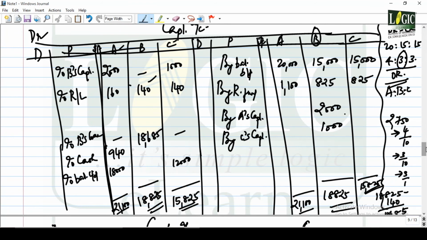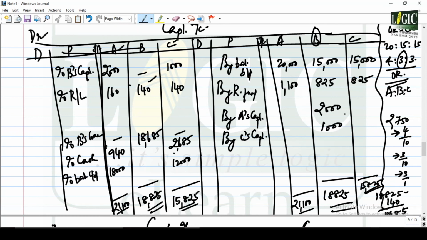So 15,825 minus 13,140, that is 2,685. That is 2,685 for the last partner.